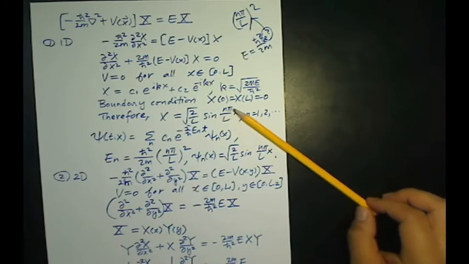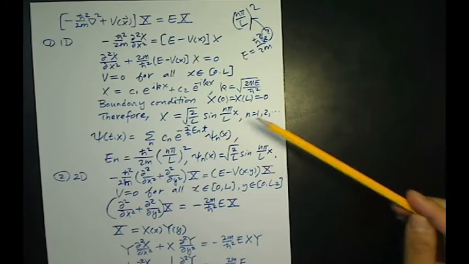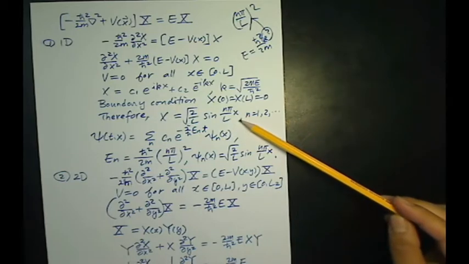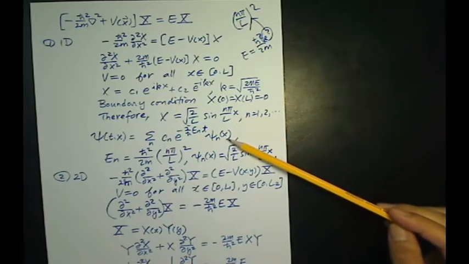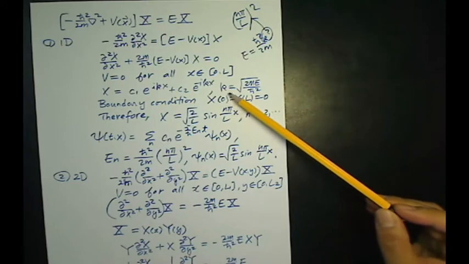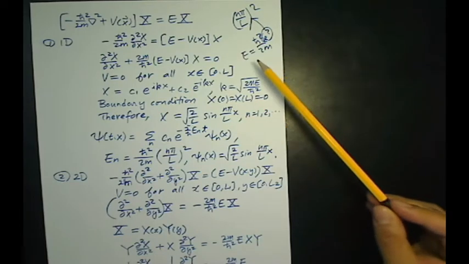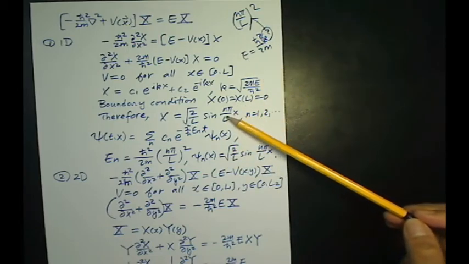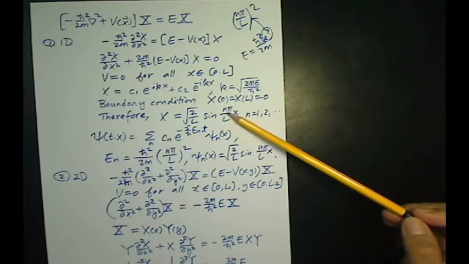In addition, once this spatial oscillating part is completely determined in terms of the eigenfunction psi n, we can compute the wave number, which is determined as n pi over L. This n is the quantum number.